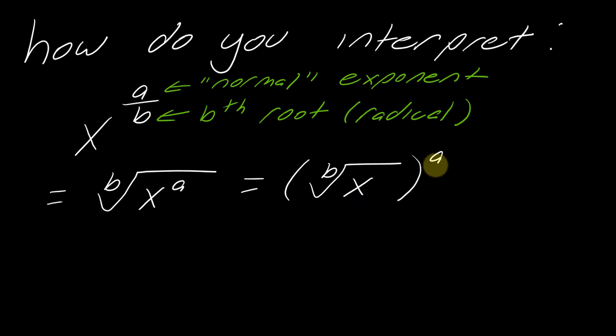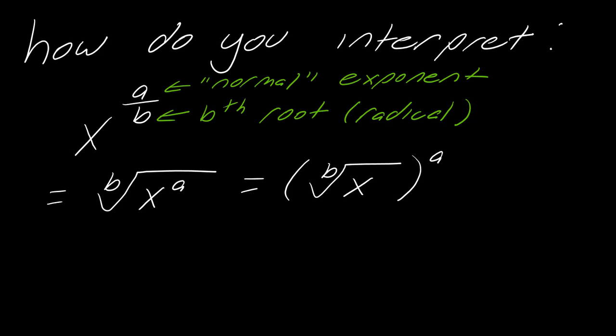You actually want to know both of these forms. This a is interchangeable: you can either do it inside of the radical or wait to do it at the end. It doesn't matter which way you do it. A lot of times we write things like this, but we actually want to interpret them like this. It's important to realize that these are the same form.